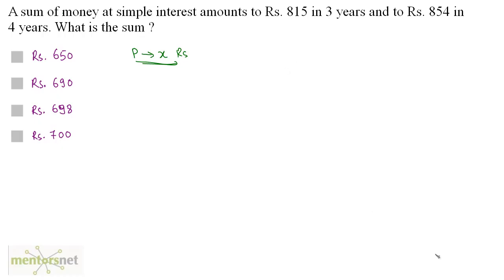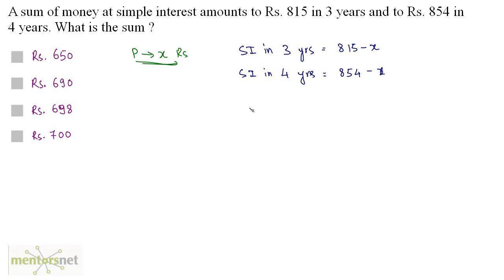So simple interest in 3 years is equal to the amount in 3 years minus the principal. That's 815 minus X. In a similar way, the simple interest in 4 years is the amount in 4 years, that's 854 minus the principal amount, that's X.